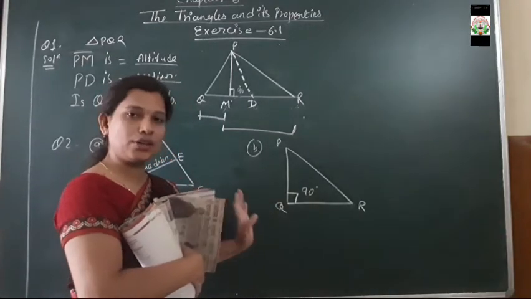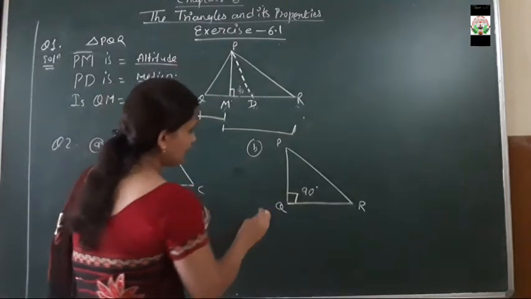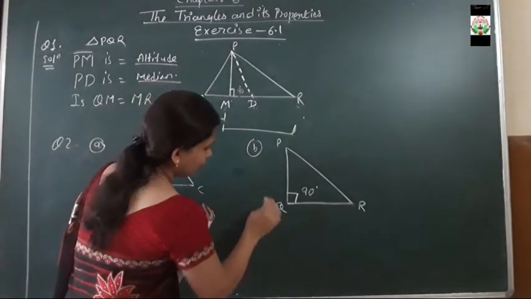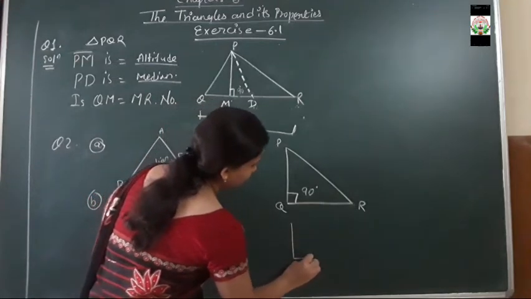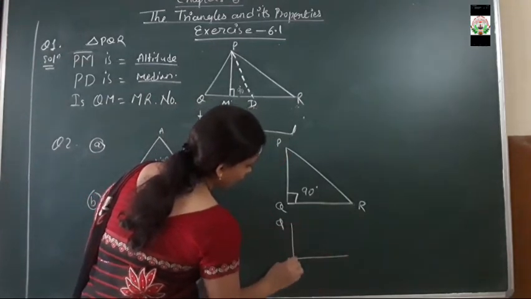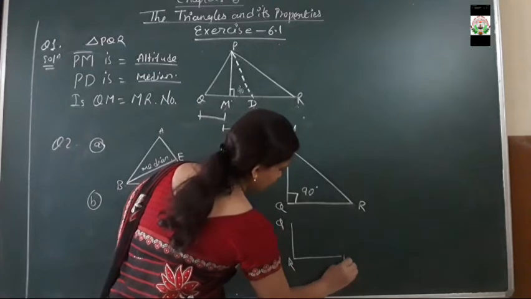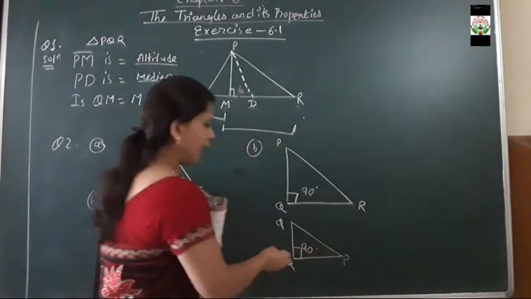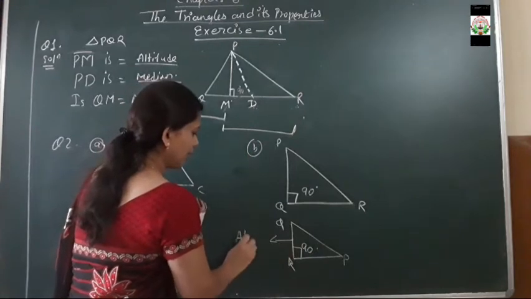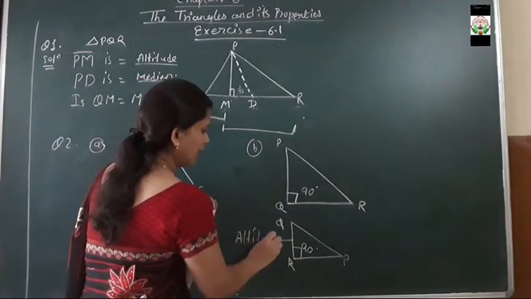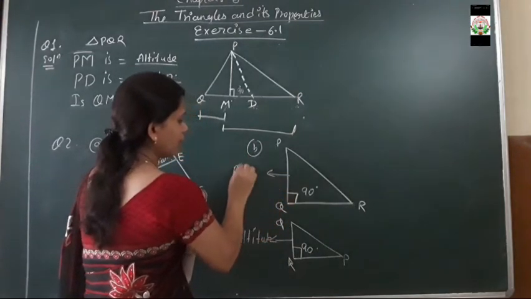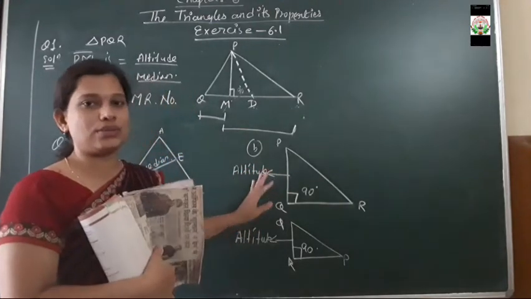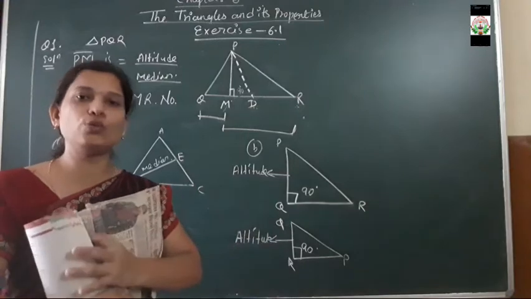So PQ is an altitude in this figure. Next, in the same it is said that PR is an altitude for the same. So here in this figure it will act as an altitude. So here also we can make an altitude in the same triangle PQR. So these are the 2 diagrams for question number 2, B part.